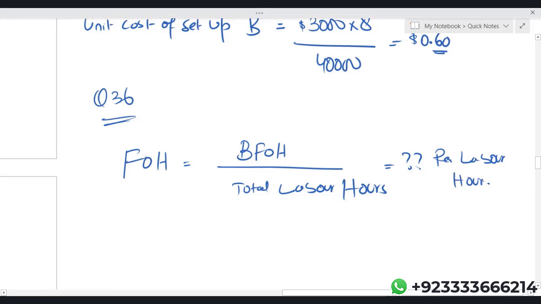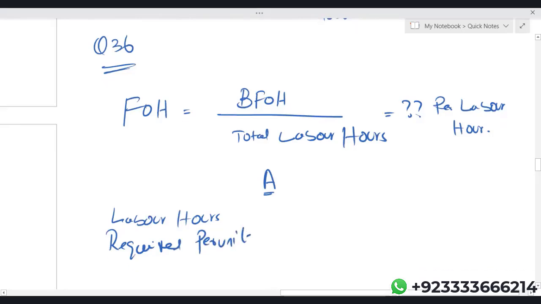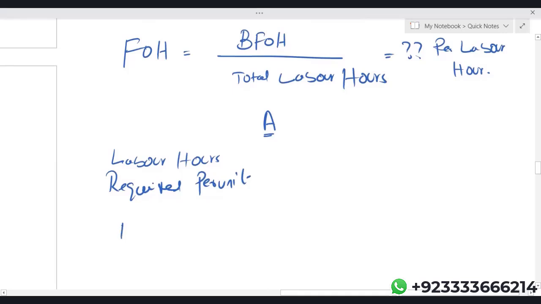Then for product A, we multiply the labor hours required per unit by the FOH rate per labor hour.